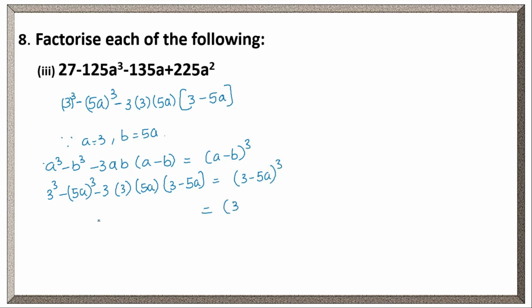Therefore, 27 minus 125a cube minus 135a plus 225a square equal to (3 minus 5a) into (3 minus 5a) into (3 minus 5a). Clear? These are the three factors for this cubic polynomial.